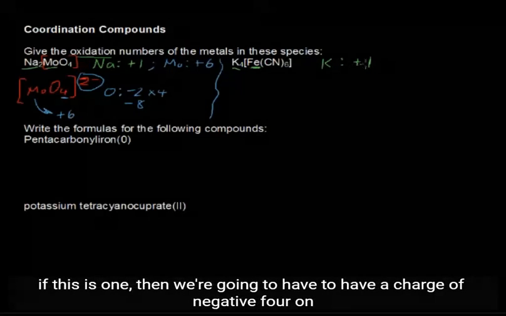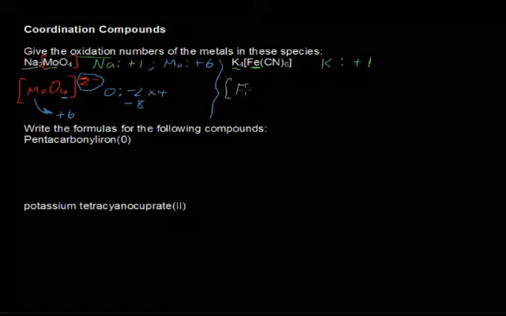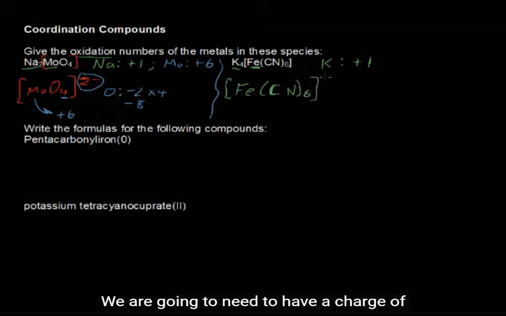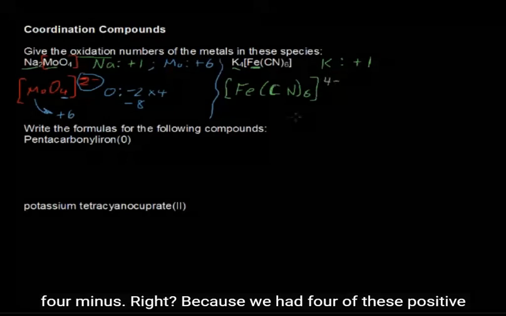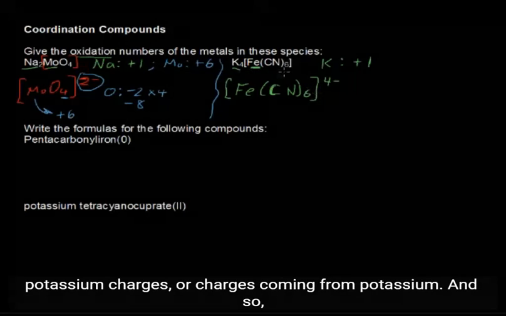Well, if this is +1, then we're going to need to have a charge of 4 minus on this ion, because we had 4 of these positive charges coming from potassium.